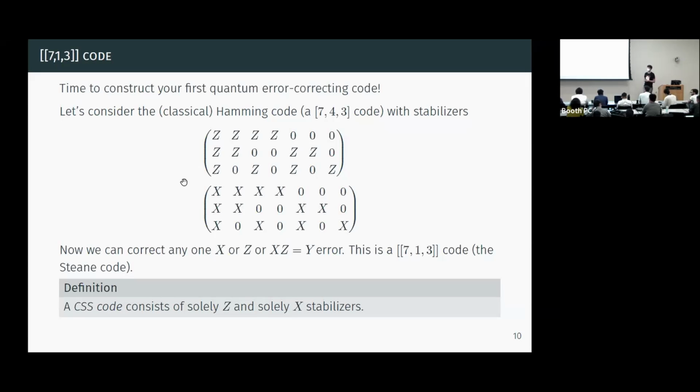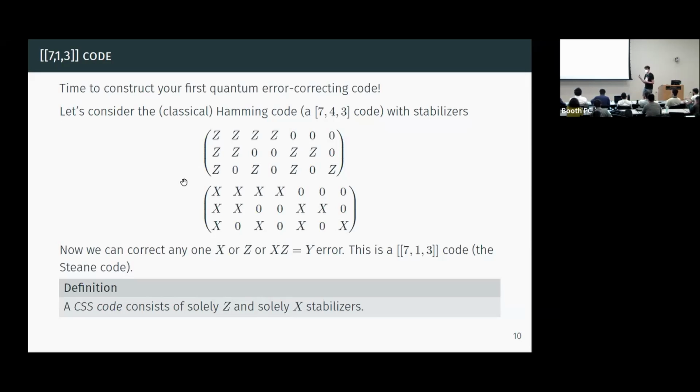Yeah, another question. How did we get [7,1,3] here? Well, 7 and 1 we can easily compute, right? Because we know we are encoding our information in 7 qubits, just from the width of this matrix. 1 is the result of having 7 qubits, but also having 6 stabilizers.